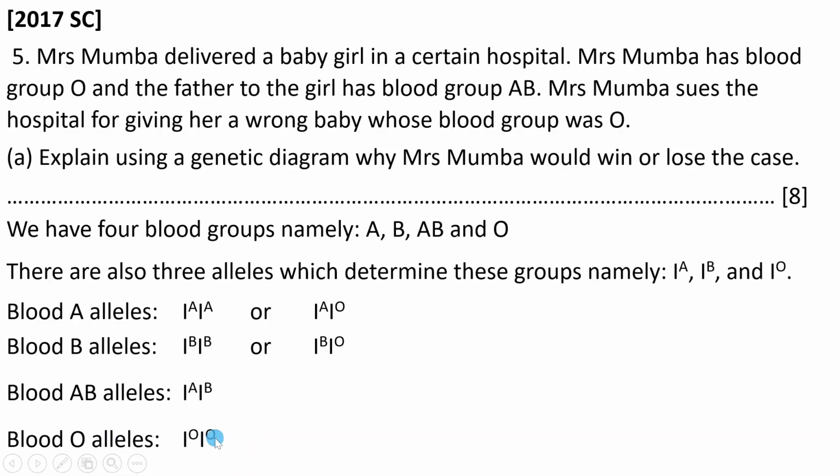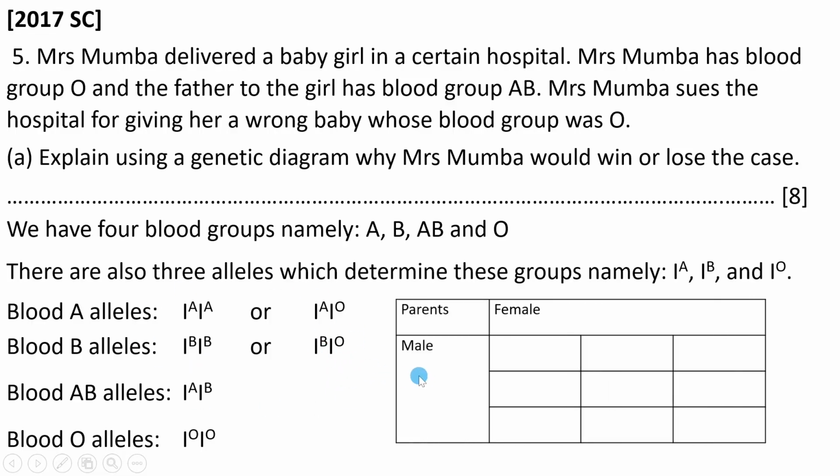O is always homozygous, and AB is always heterozygous. Then blood group A is either homozygous or heterozygous, and blood group B is either homozygous or heterozygous. So now, having understood this, let us first learn how blood group works.